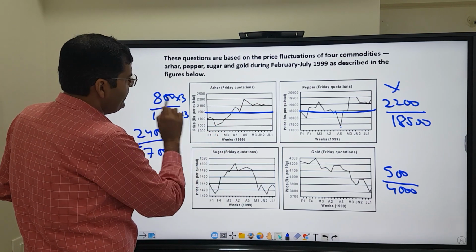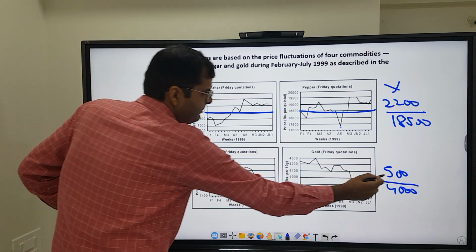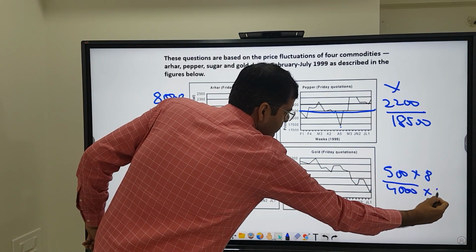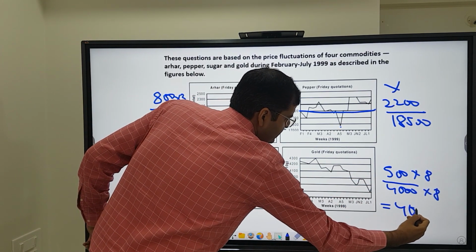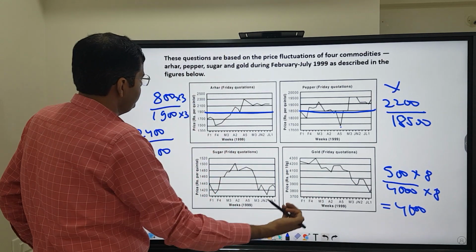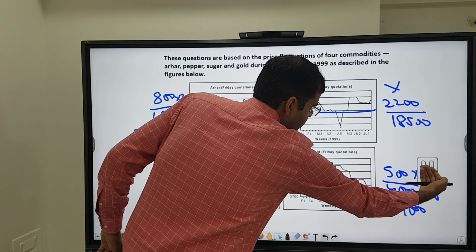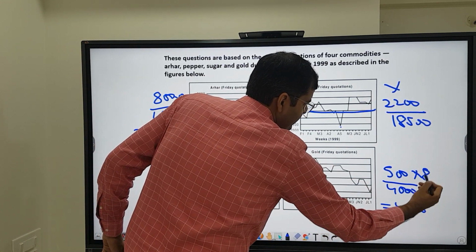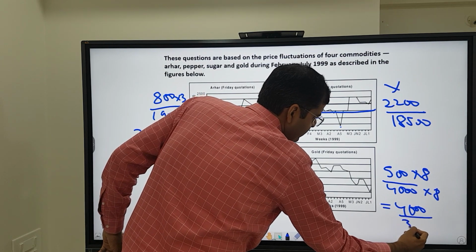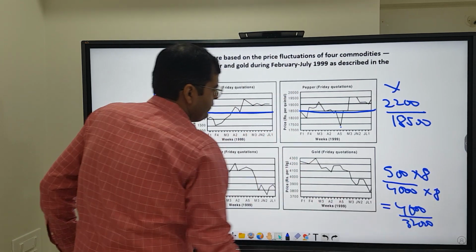Now for gold and Arhar, if I compare, I'll multiply this by 8 in numerator and denominator to get the LCM. It is 4,000 divided by 32,000, since 4 8s are 32.